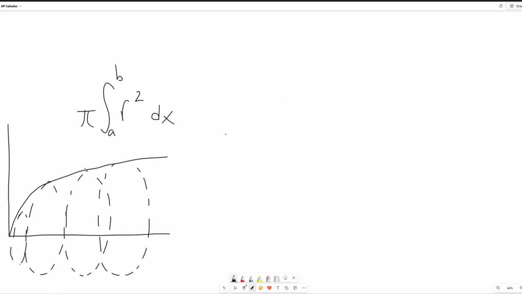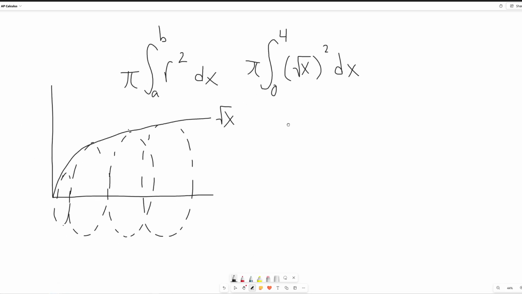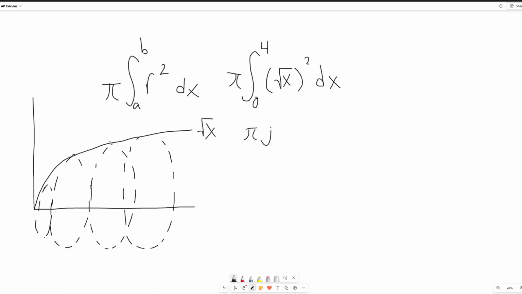So if I wanted to rotate this square root of x function between 0 and 4, I can take pi times the integral from 0 to 4 of my radius function squared dx, which is the same thing as taking this, because the square and the square root cancel out.